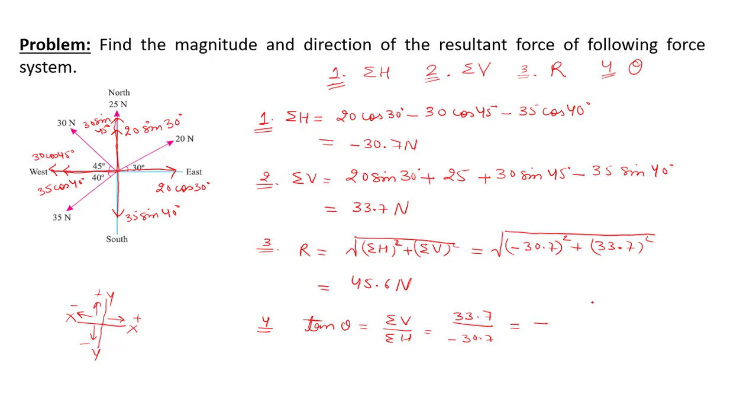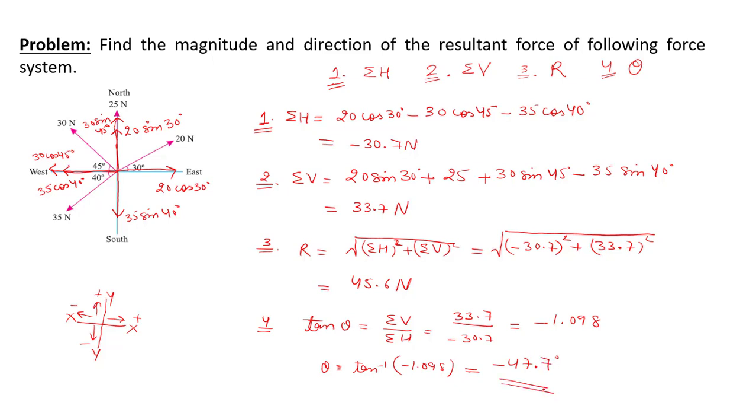It comes out to be minus 1.098, or you can say that theta is equal to tan inverse of minus 1.098, and theta comes out to be minus 47.7 degree.